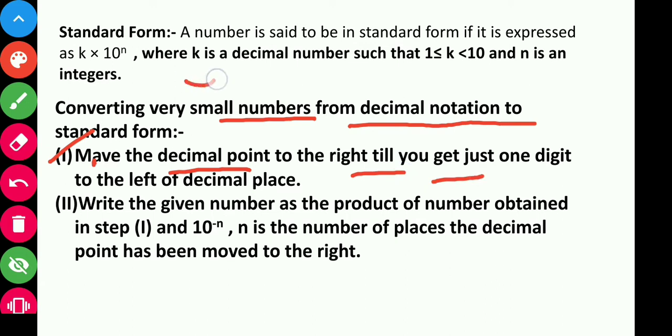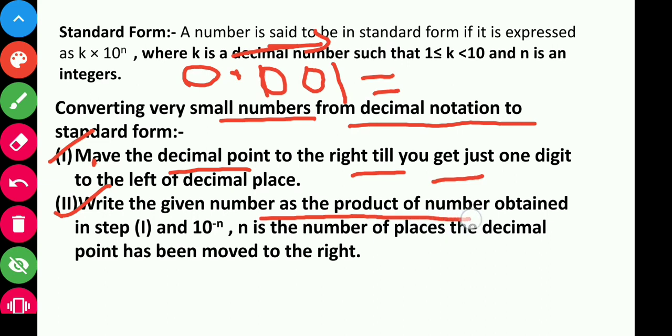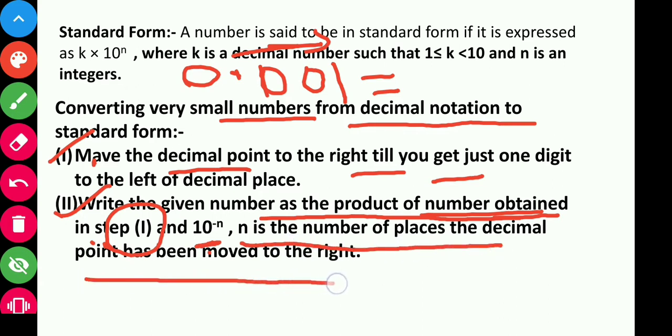For example, if you are taking 0.1001, you have to move this decimal point to the right till you get one digit left of the decimal point. Then write the given number as the product of the number obtained in step 1 and 10 to the power minus n. What is n? n is the number of places the decimal point has been moved to the right.